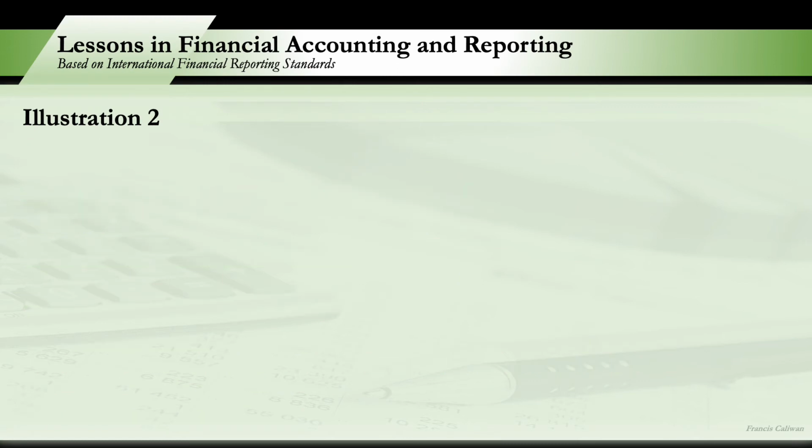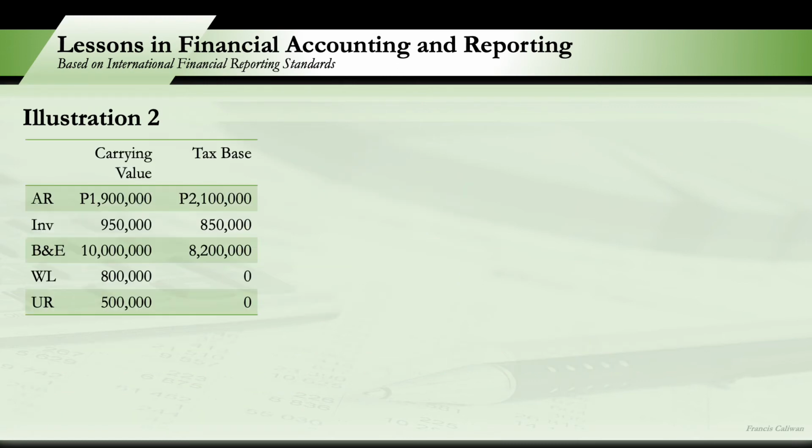To answer this problem, let us analyze first whether the differences in the carrying values of the assets and tax bases would result in a future deductible amount or a future taxable amount.